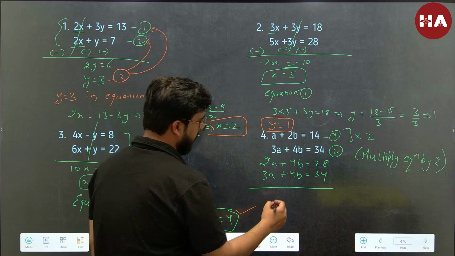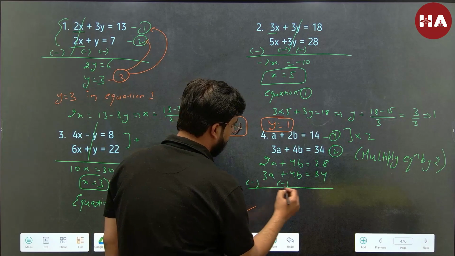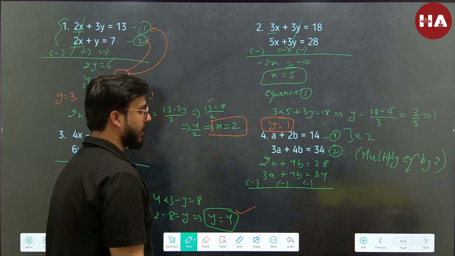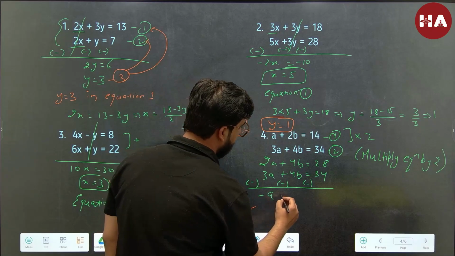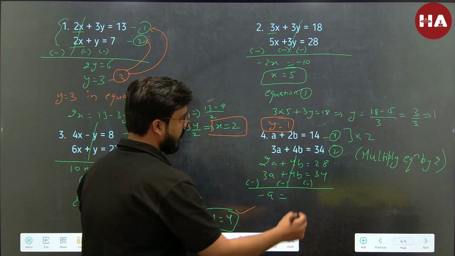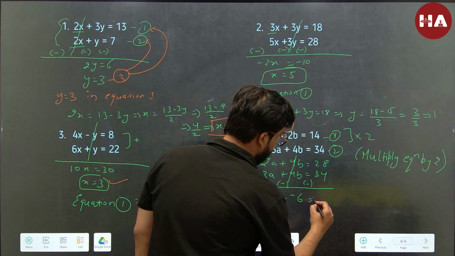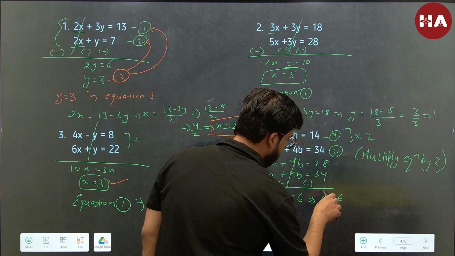So similarly the signs are same, so you have to subtract the second equation. This will be what? Minus a would be equals to, this will cancel out, this will be equal to minus 6. So value of a is coming as to be 6.